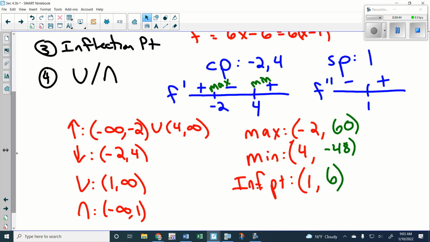So if you think about it, the max is really the point -2, f of -2, because the max and min and inflection points are points on the original graph. Right. So you plug them into the original.